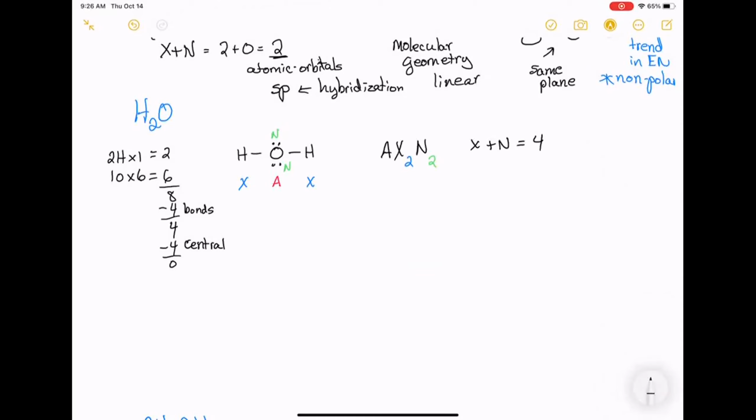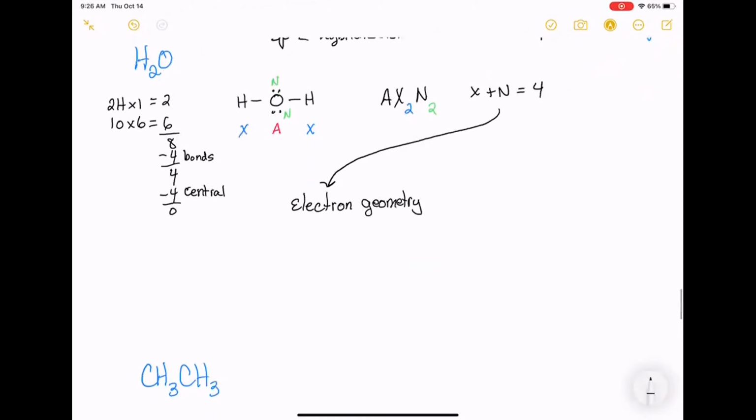Four things take on an electron geometry of a tetrahedral.